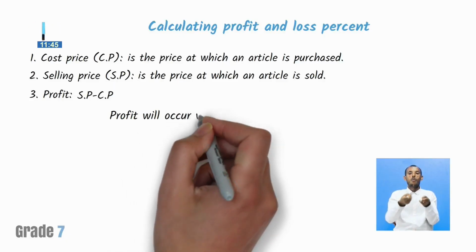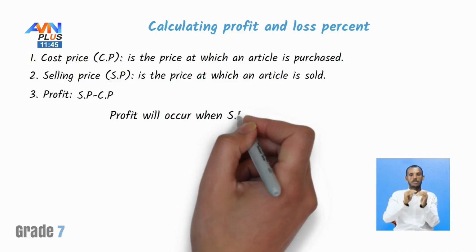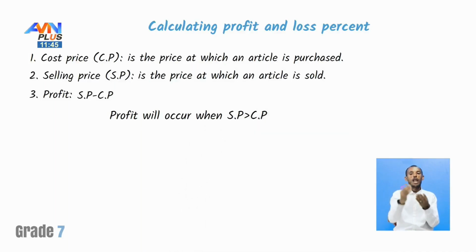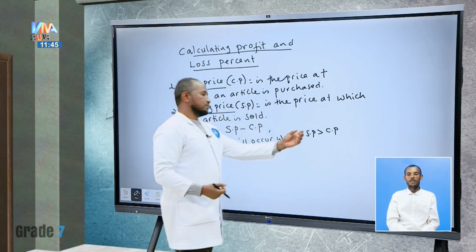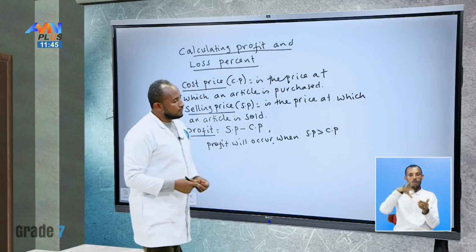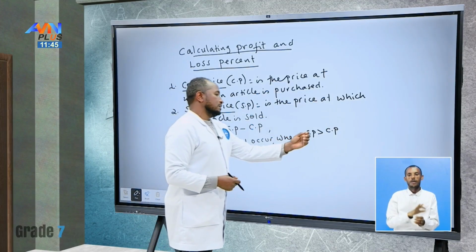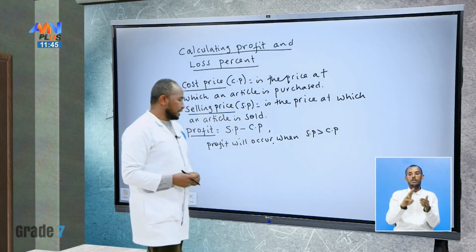If you sell more than the price you bought, then you'll have a profit, and you calculate the profit by taking the difference between the two, selling price minus cost price.